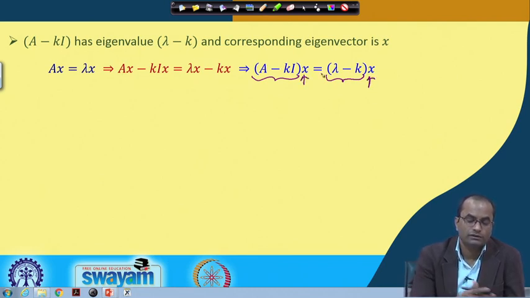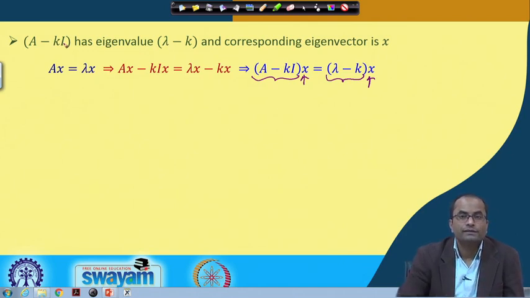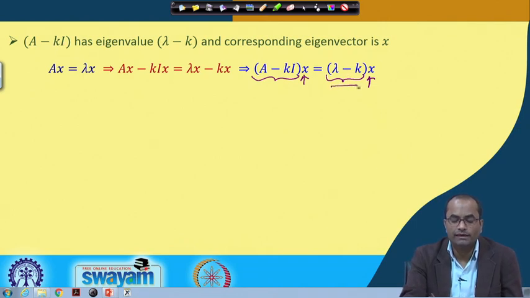So, this is another result: if we have this new matrix, which is just A minus kI, then we know about its eigenvalues from the eigenvalues of A.